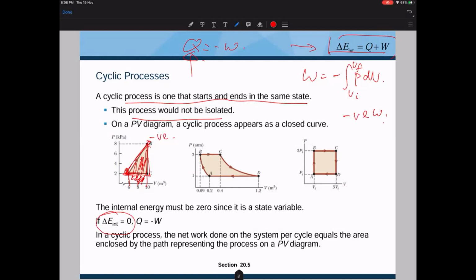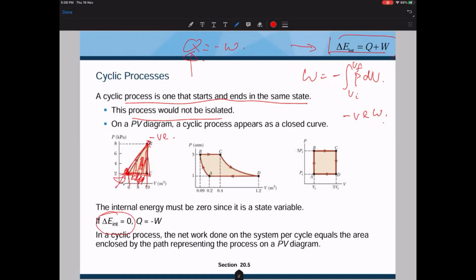Think about a car engine. You are burning the petrol in order to heat up the gas in the cylinders. The gas cylinder is converting the heat energy into work done. From time to time, it will be coming back to the initial state. So that is the significance of the cyclic process.